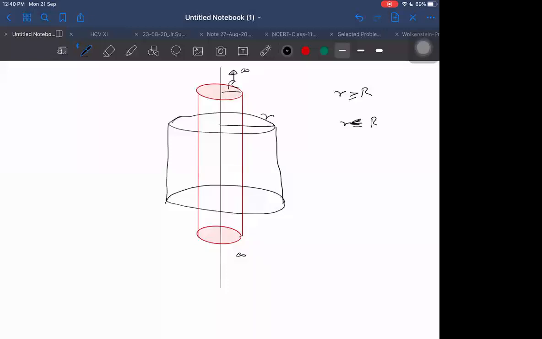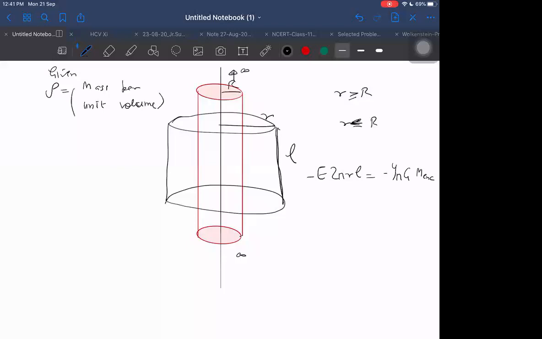Then we can write the length L of this Gaussian surface. E into 2 pi rL is equal to 4 pi G into the mass enclosed. Rho is given, mass density is given, mass per unit volume. We want the answer in terms of this rho.